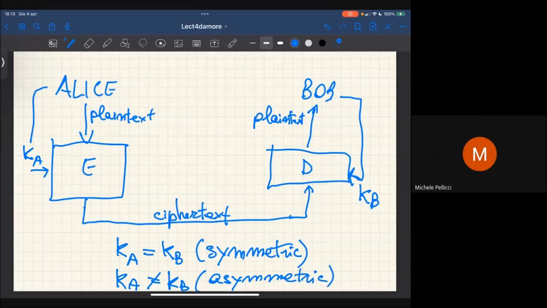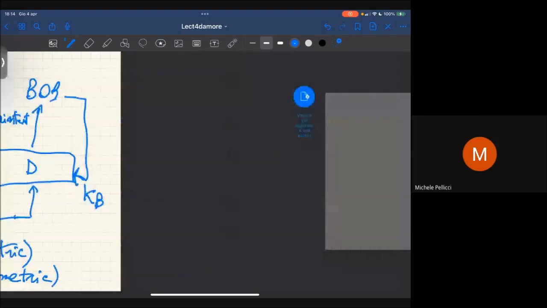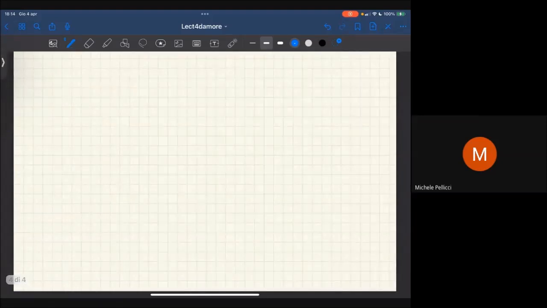Now I told you that the most important example of asymmetric cryptography is the so-called public key cryptography. Let me explain the meaning.